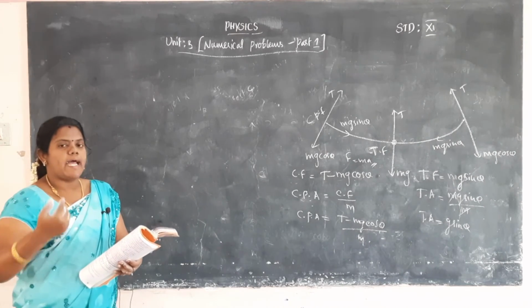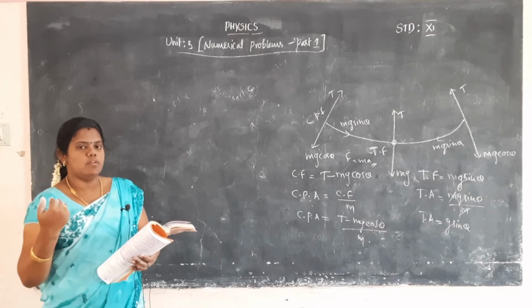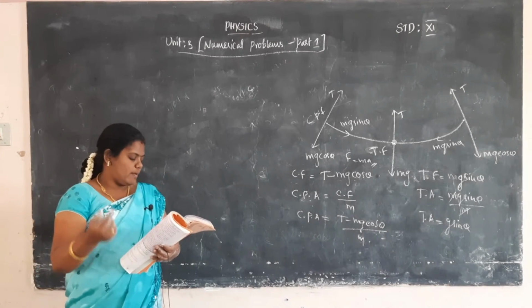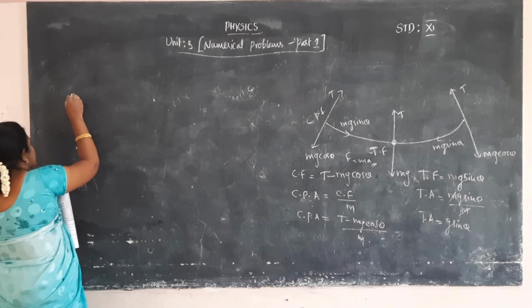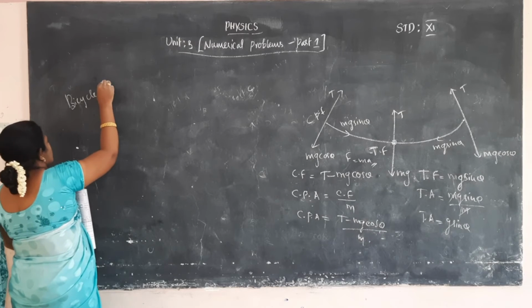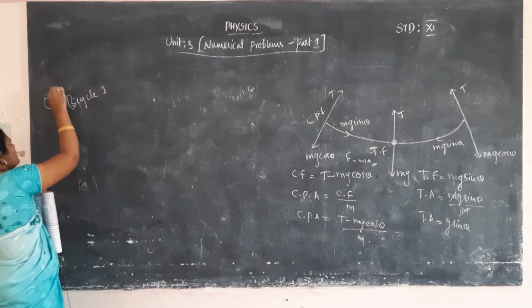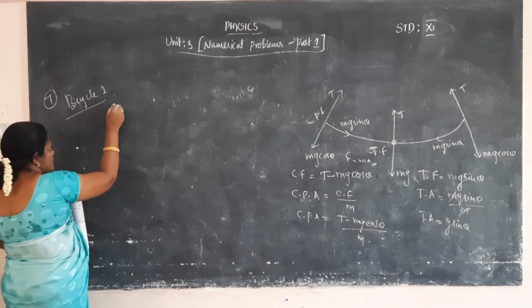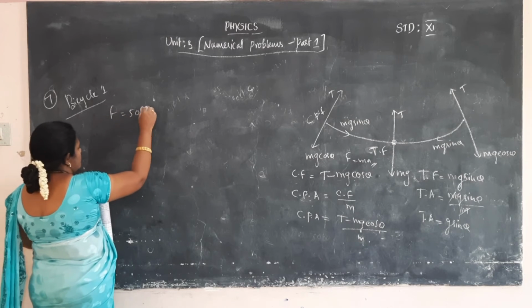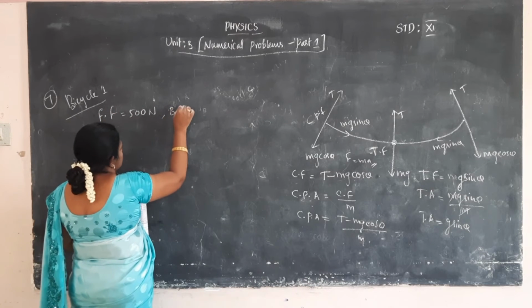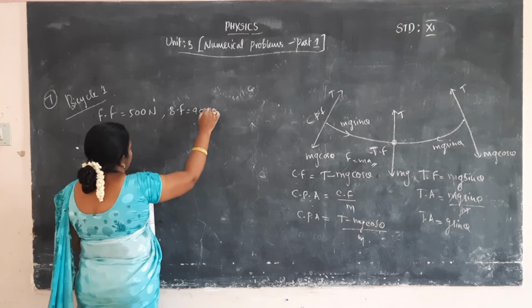The two forces act forward and backward, opposite to one another. So you have to calculate the net force. This is the seventh problem. Bicycle 1: forward force is 500 Newton, backward force is 400 Newton.